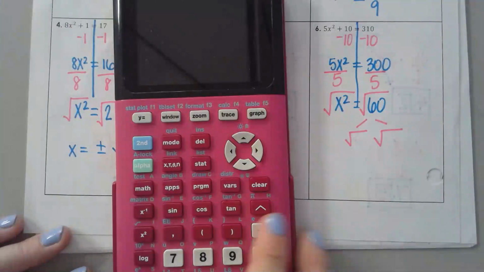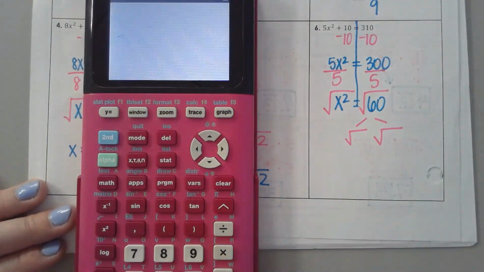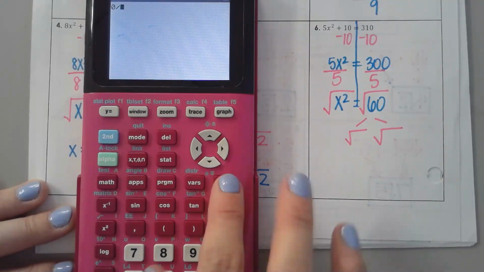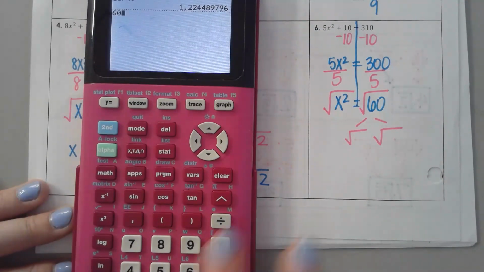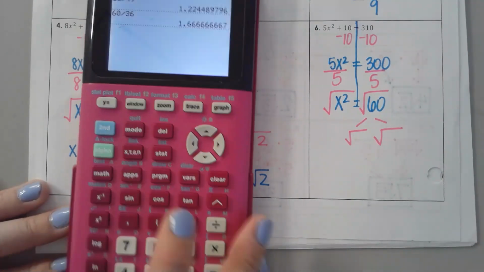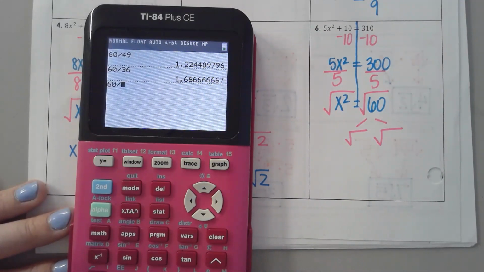Well, I don't know what the largest perfect square is that goes into 60, so I'm going to figure it out. Well, I'm pretending I don't know it, so I'm going to show you how I would figure it out. Divided by 25.